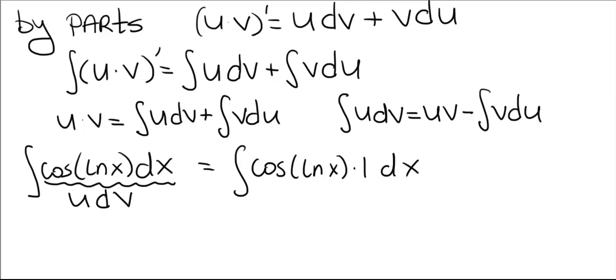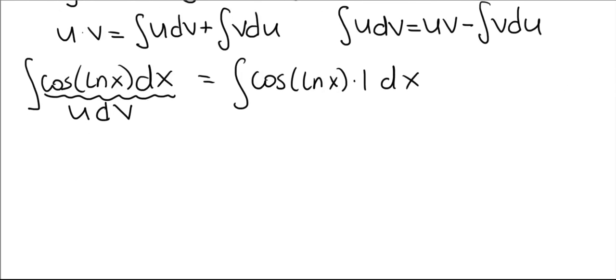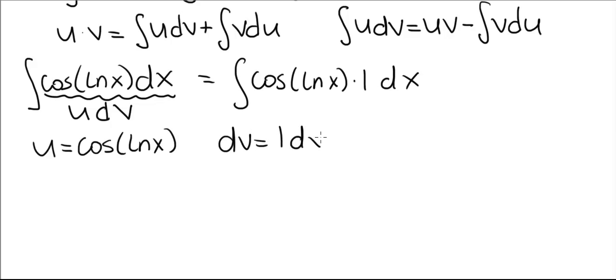Well, one of the choices is really not practical, because if dv is cosine of ln of x, then to go from dv to v, we have to find the antiderivative, which is what we're trying to do in the first place. So that is not an option, and the only option is to let u equal cosine of ln of x and dv equal 1 dx.